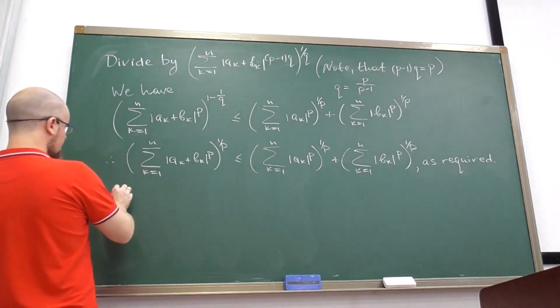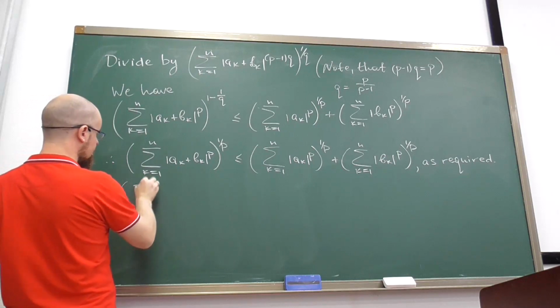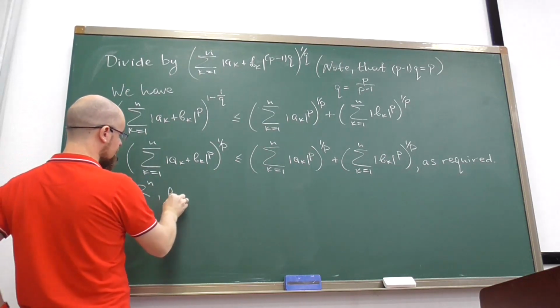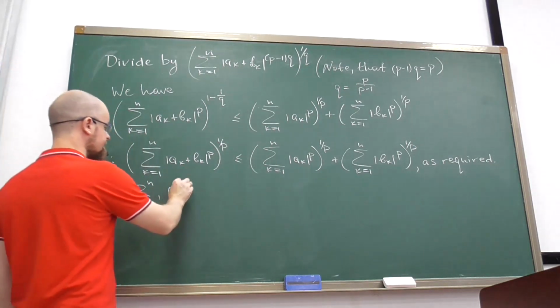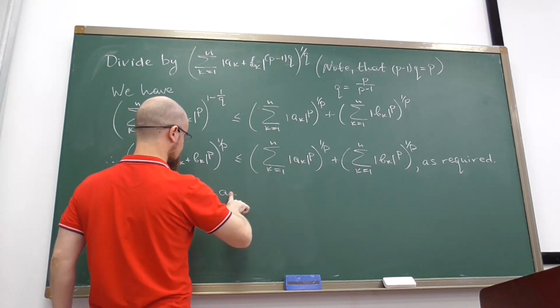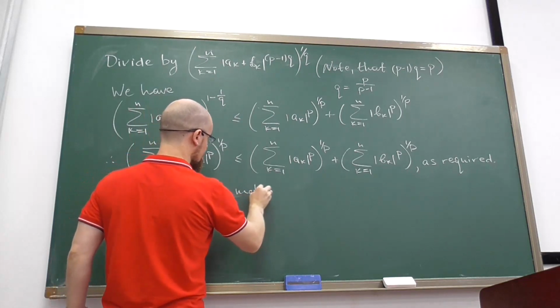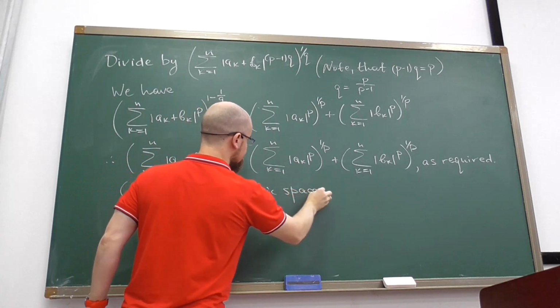So we conclude that the pair R^n with the metric rho_p is a metric space.